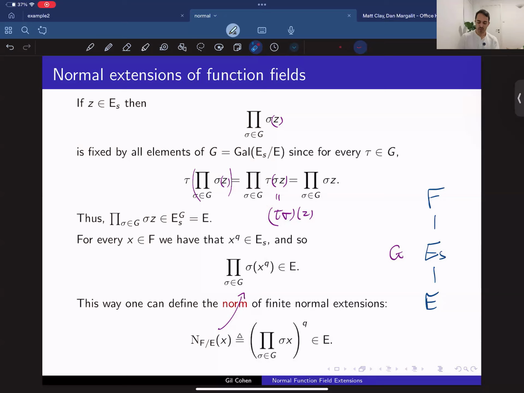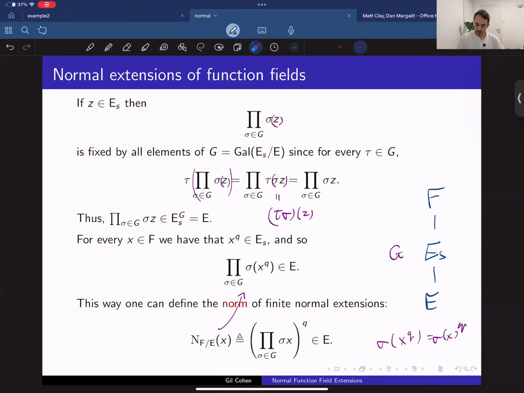So of course, we know that sigma of x to the q is sigma of x to the q. And definitely sigma is multiplicative, so you can push this product through, and also through the power q, and everything's fine.